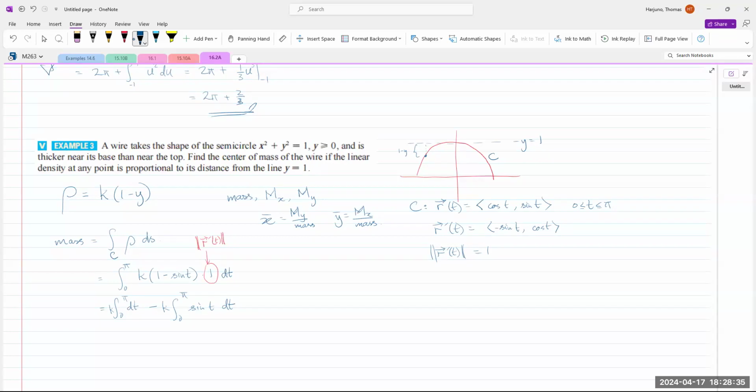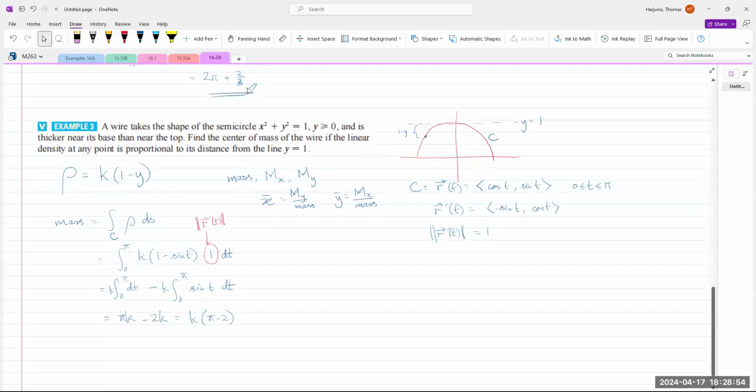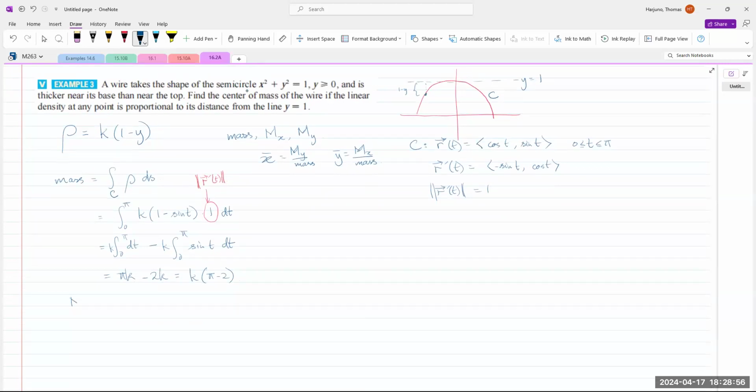Let's see. Oh yeah, this is equal to pi k, and this is equal to 2k. I was thinking it might be negative, but k times pi minus 2 is positive, since pi is greater than 2, right? That's the mass.